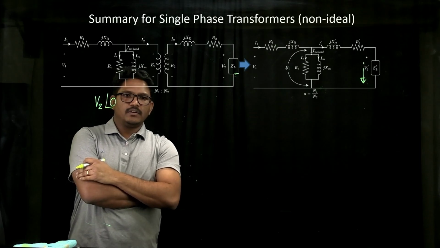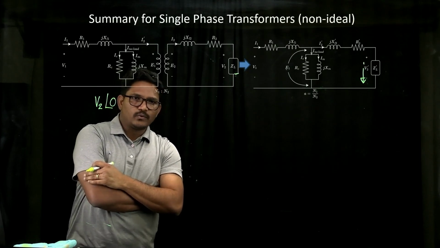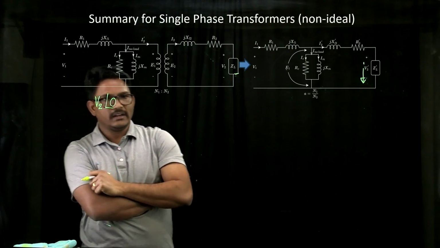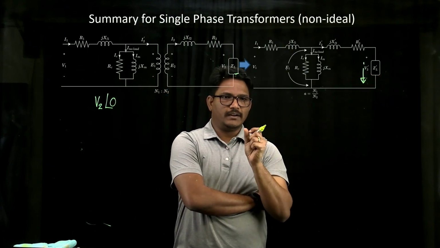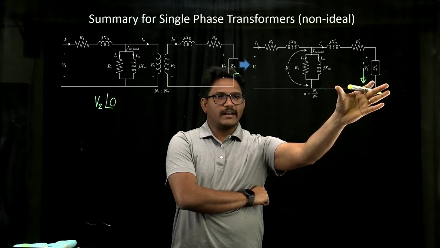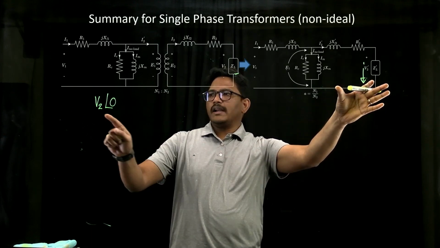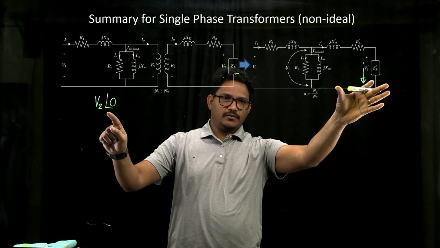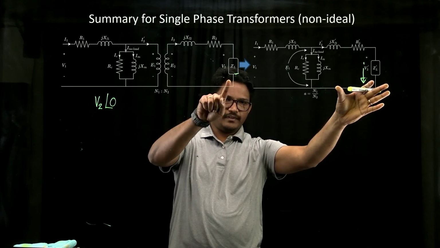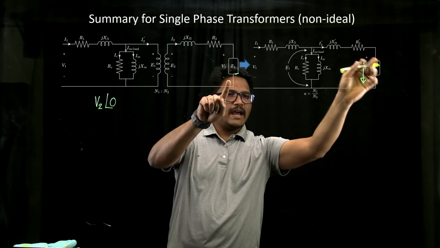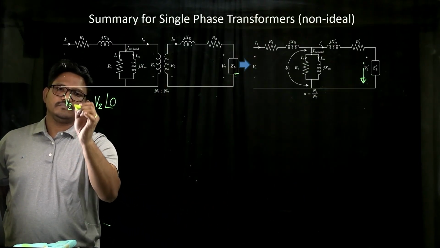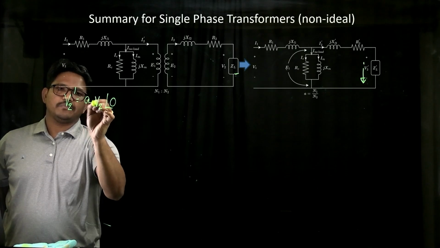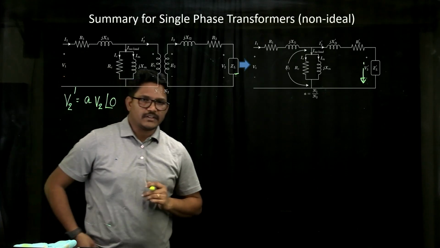Now instead of solving the network using this equivalent, we prefer to solve our network using this particular equivalent. In this equivalent, if you already know the value of V2 at an angle of 0, then your V2 dash is just A times V2 at an angle of 0.